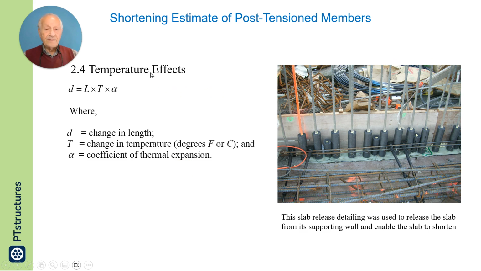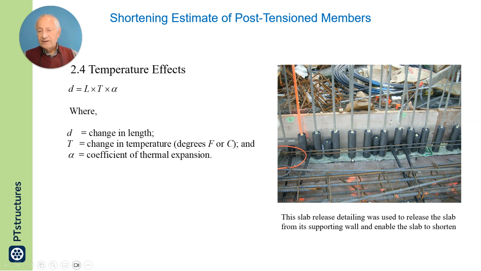Temperature effect. Now, by the way, this image on the right shows provision made for the slab supported over the wall to be moving over the wall when the strands are stressed.